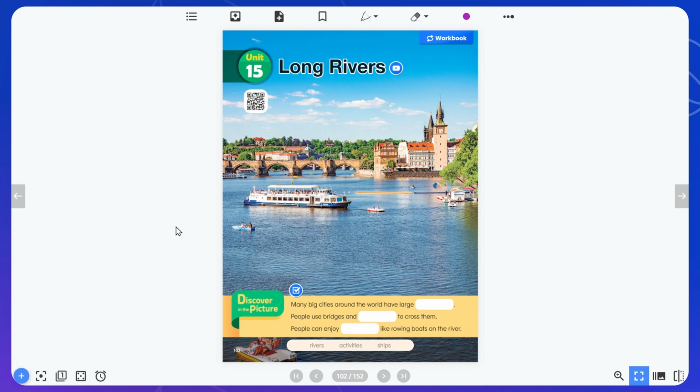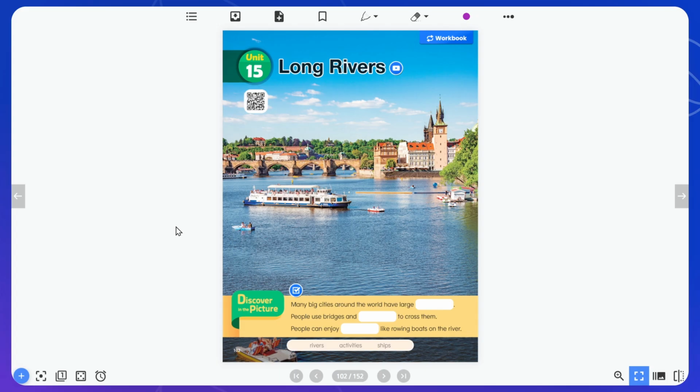Now, what else do you see in this picture? Yeah, in the back there's this long bridge. And what is the bridge used for? Yeah, the bridge is also used to cross the river. So people have built things across the river so that they can cross it and use the river easily.